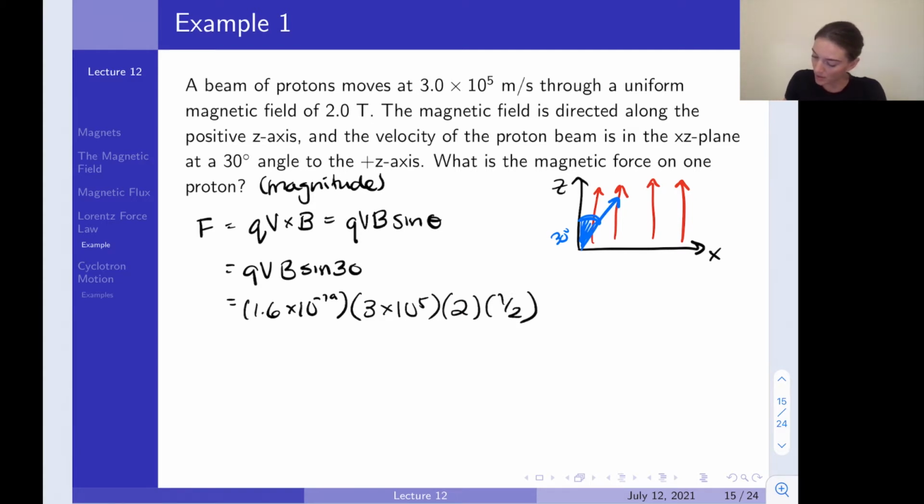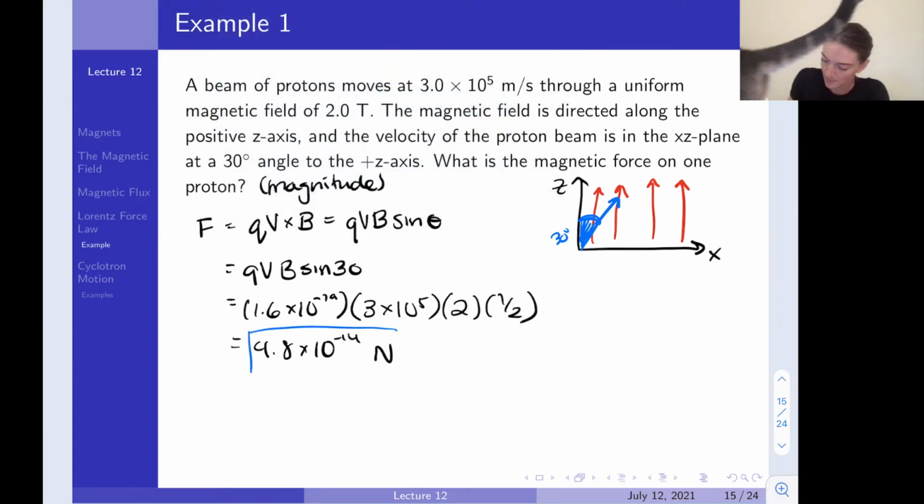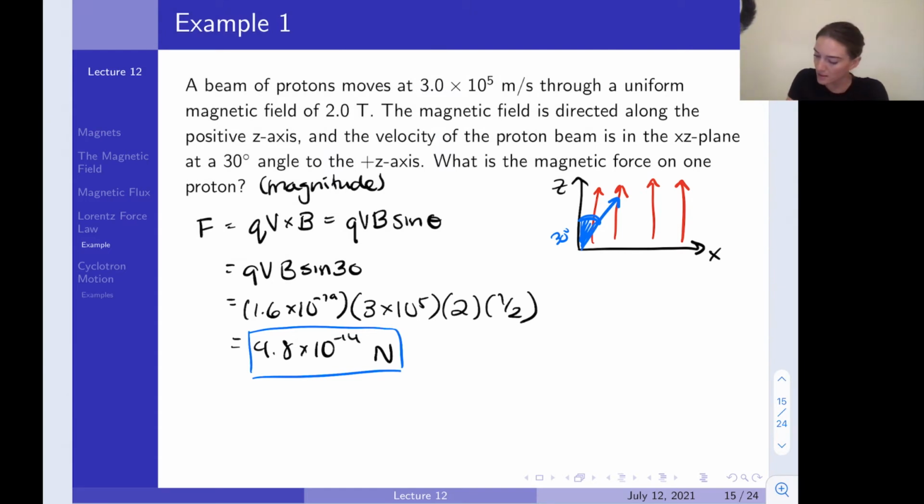So obviously our 2 and our 1/2 cancel, and we end up just multiplying out these two numbers. That gives us 4.8 times 10 to the negative 14 newtons. Okay, so that's this problem.